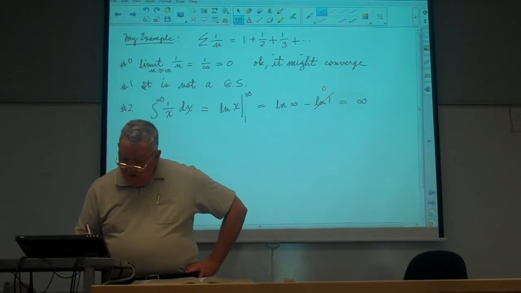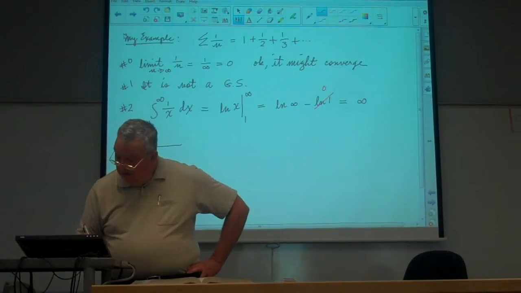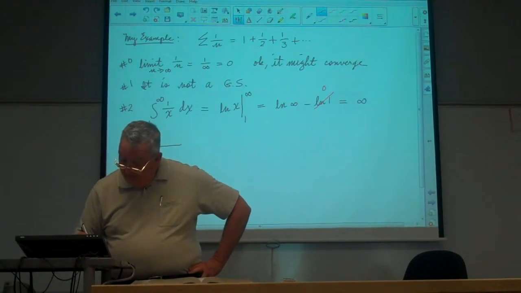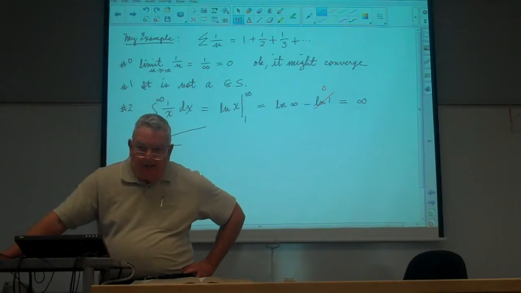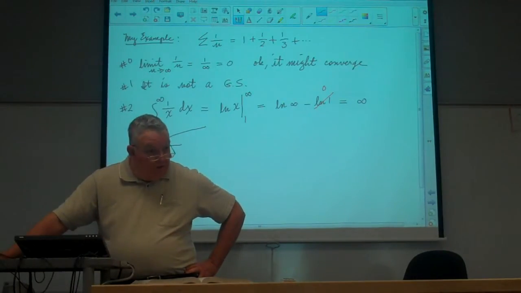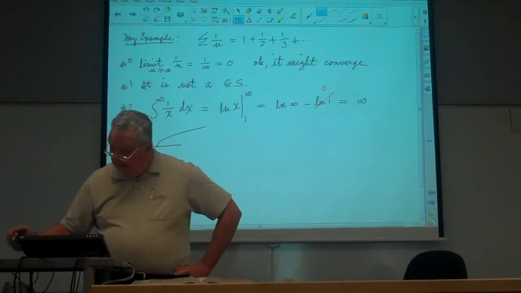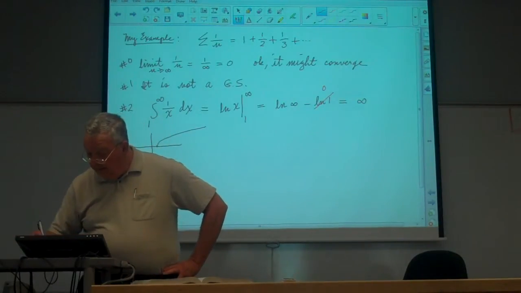Draw a graph: if x is 1, y is equal to 0. Isn't that what the natural log function looks like? And it's going to infinity. It's taking its own sweet time to get there, all right, but it is going to infinity, isn't it? So isn't that infinity?